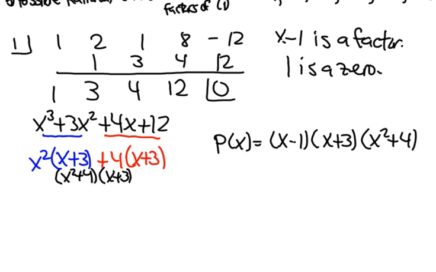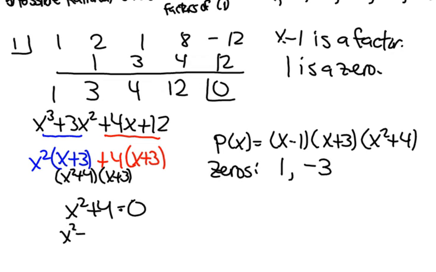Now again, for the zeros, two of them should be very, very quick. If it's x minus 1, the 0 is 1. If the factor is x plus 3, that is negative 3. And similarly to the last problem, I'm going to do x squared plus 4 is equal to 0. Subtract 4. Square root of negative 4 is 2i. So that will be plus or minus 2i. Now, you could write 2i comma negative 2i.